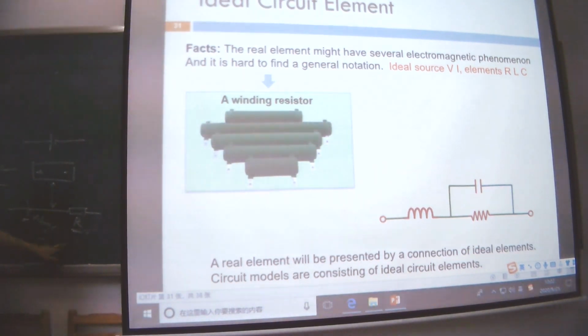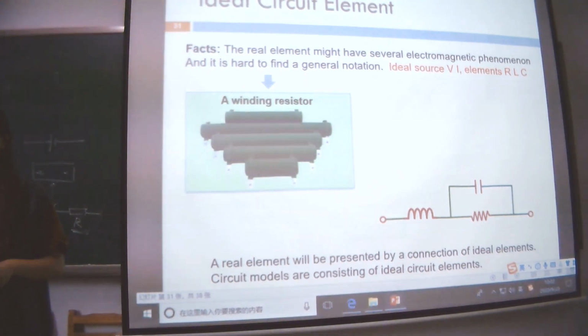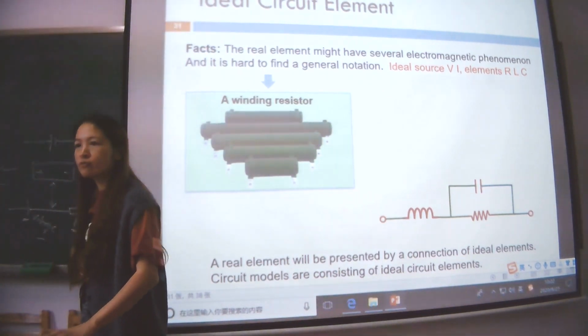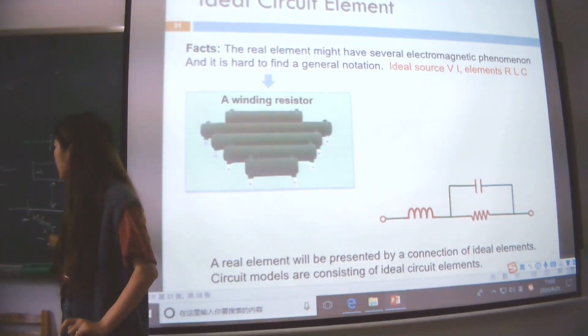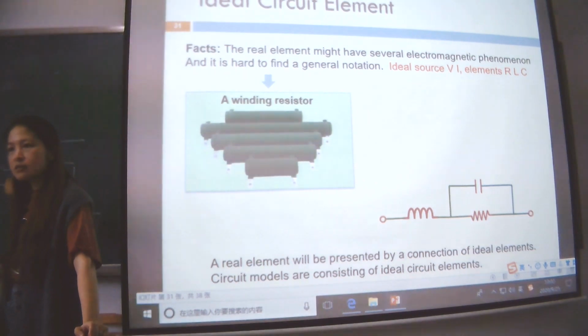And a circuit model is comprised of ideal circuit elements. Each element just reflects one main property. For a resistor, it just reflects the resistance, right? An inductor reflects inductance. The capacitor reflects capacitance.